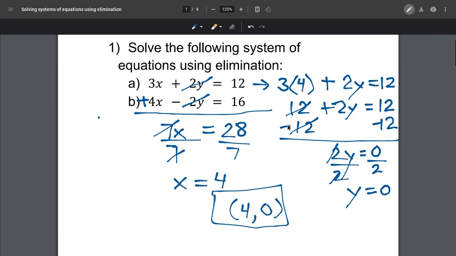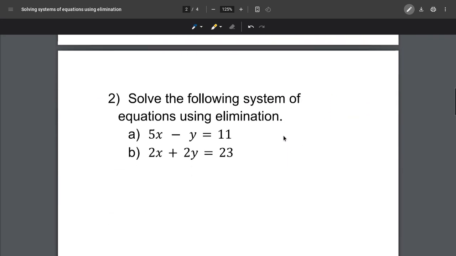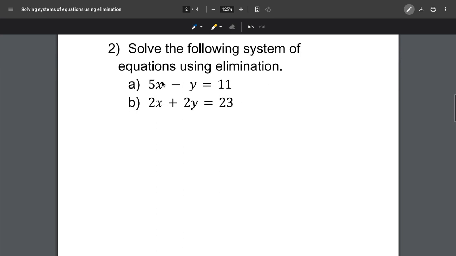Okay, let's try another one. All right, this next one here we have 5x minus y equals 11 and 2x plus 2y equals 23. Now, if we just add these right away, we're not going to cancel any of the variables out.